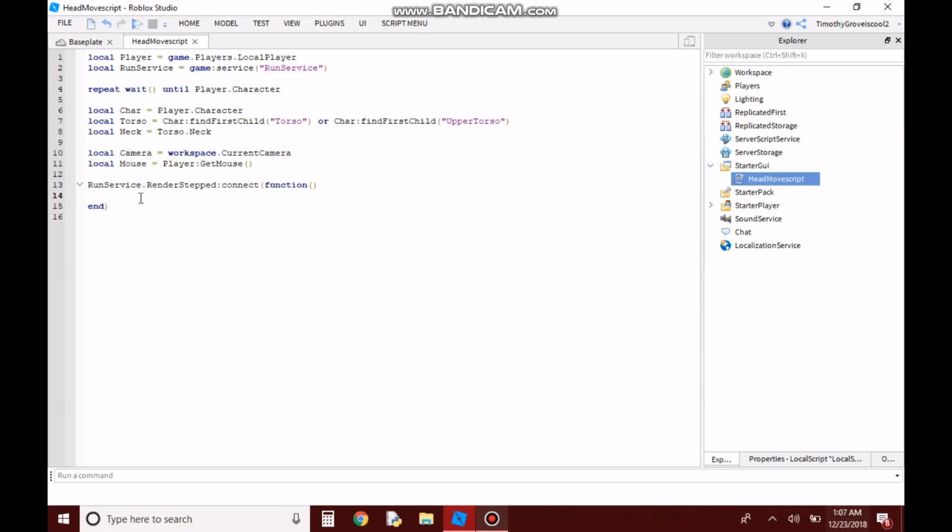Alright, so what you're going to want to do first is get the look vector of the camera. So we'll call this LV, camera.coordinateFrame.lookVector.